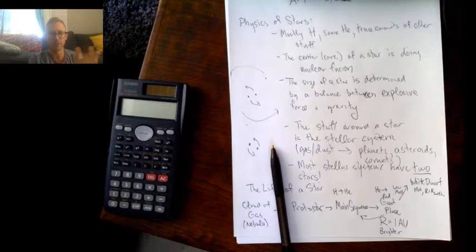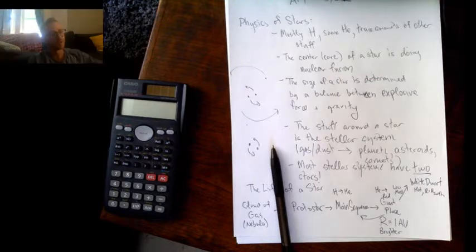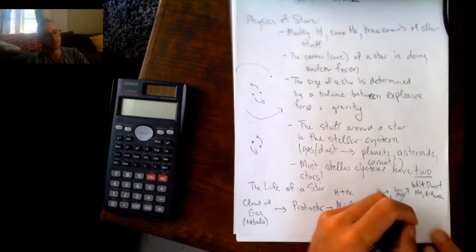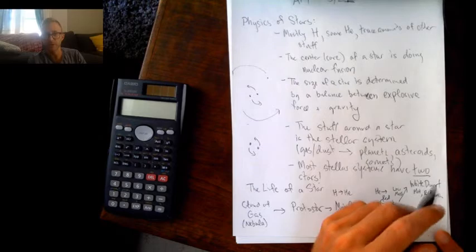But there's no more fusion happening in the center, but it's not enough mass to collapse into a black hole. Okay? All right? So you still have individual protons and electrons.